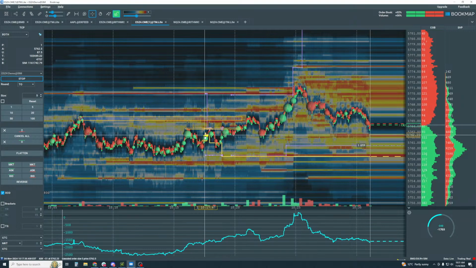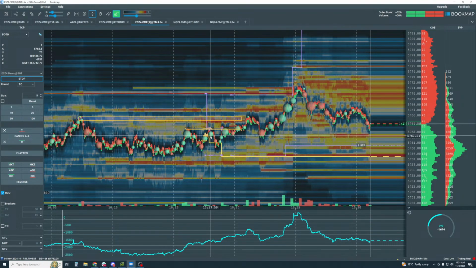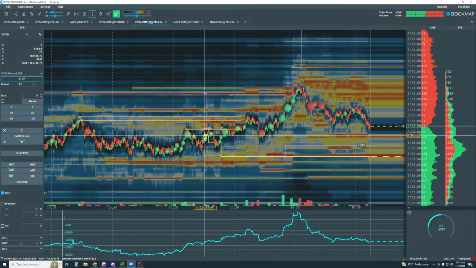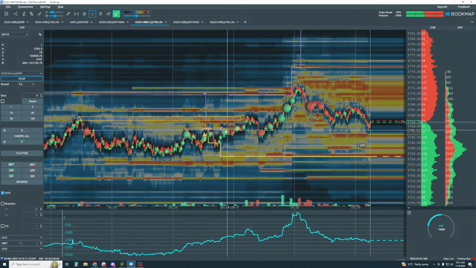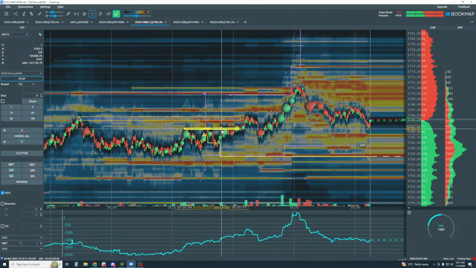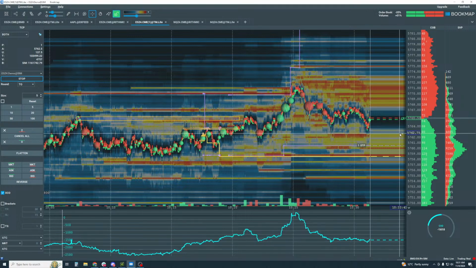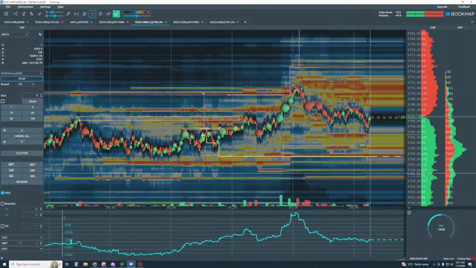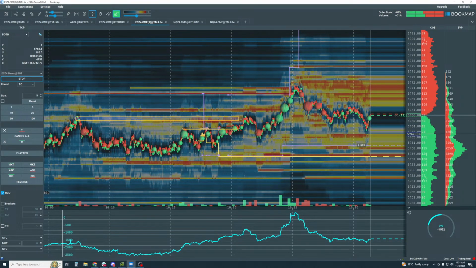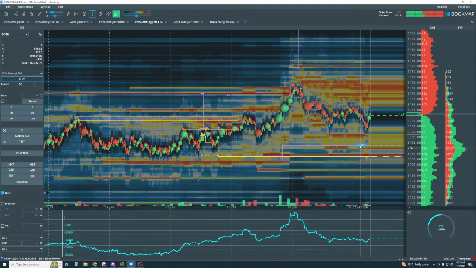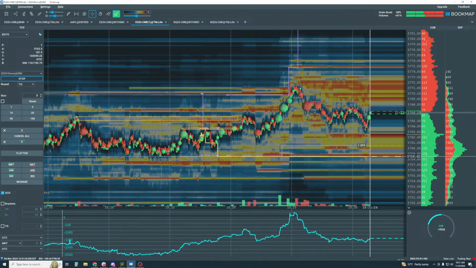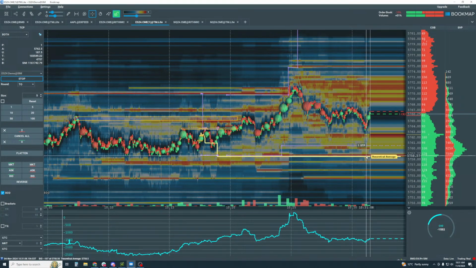And that's where I got in here, you can see. And then I took that 1 point scalp or 1.5 point scalps here. But this is my average position here, at 62.5. This line here though is my break-even point.